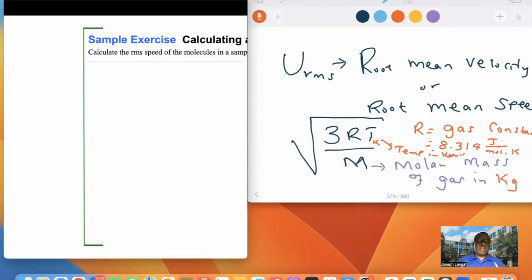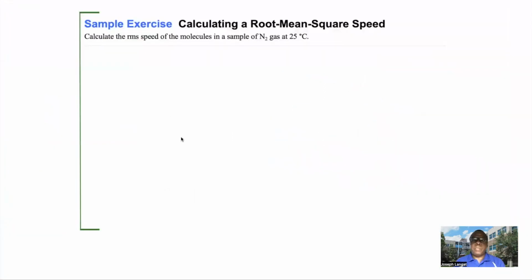Here is an example on how to calculate the root mean velocity. Please be assured you'll see this in the next quiz or exam: I'll ask you how to calculate the root mean square speed or velocity of a sample of a gas.